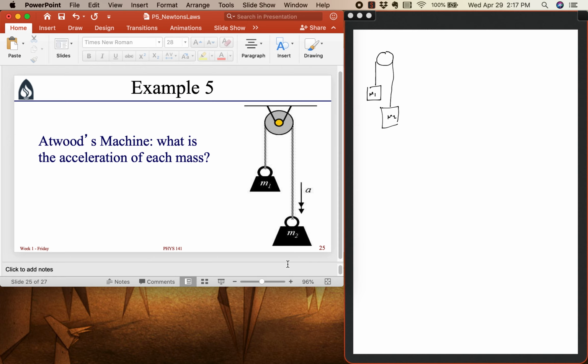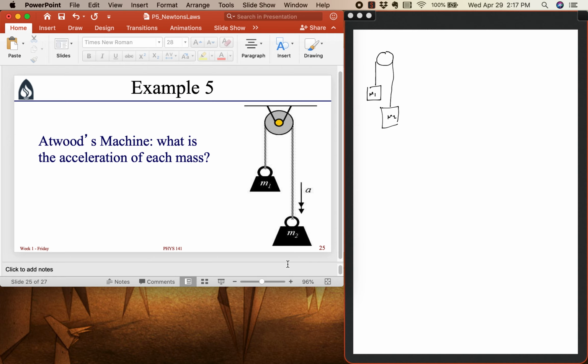The only difference is one of these masses will be accelerating downward, and the lighter mass would be accelerating upward. So when you have a situation like this, where you have two connected objects, and you know that their acceleration is going to be the same, a good strategy to use is to choose a direction that corresponds to positive acceleration, and then let that be the positive direction for each one of the objects.